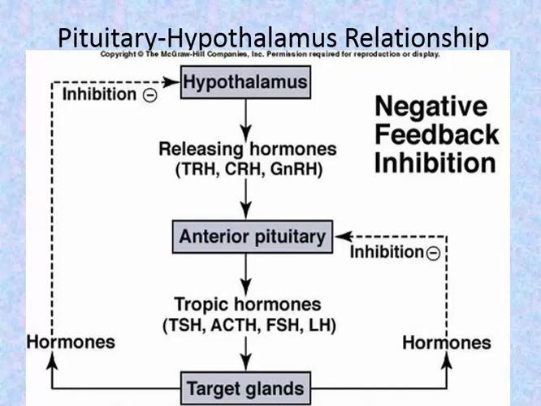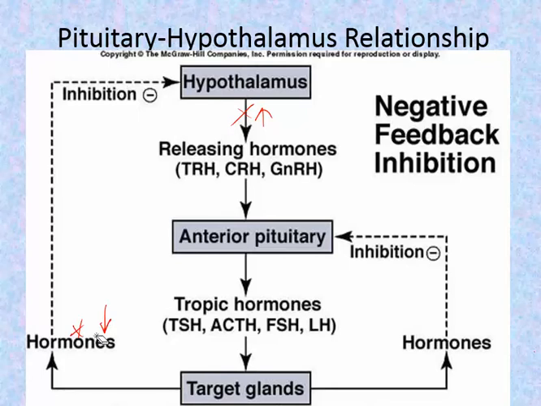So basically what happens, if the hormone is present, we're looking at this hormone right here, it will inhibit the hypothalamus from releasing these hormones. But if the hormone is low, we'll just say an arrow down, it will increase the amount of hormones that the hypothalamus gives off.